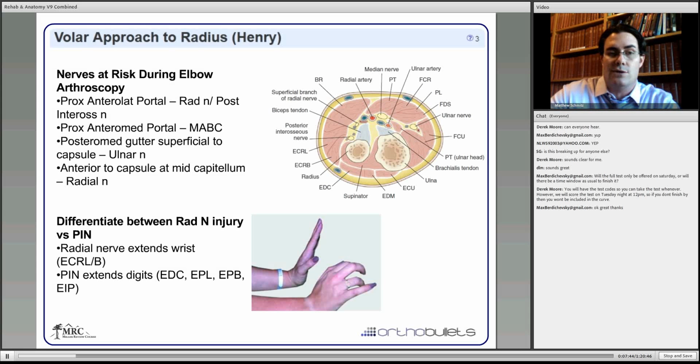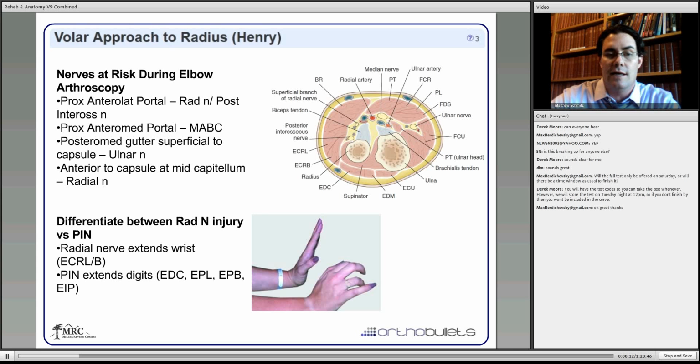And so what this question is saying is that essentially at mid-capitellum, a nerve has been damaged. So you know it's going to be part of the radial nerve. Now, is it the radial nerve or the posterior interosseous? Well, how do you differentiate between those two? Remember that the radial nerve functions with your wrist extensors, so your ECRL and your ECRB. The posterior interosseous extends your digits: your EDC, your extensor pollicis longus and brevis, and your extensor indicis proprius.